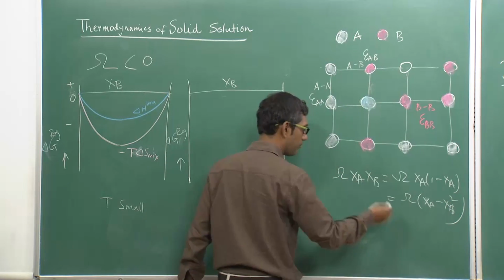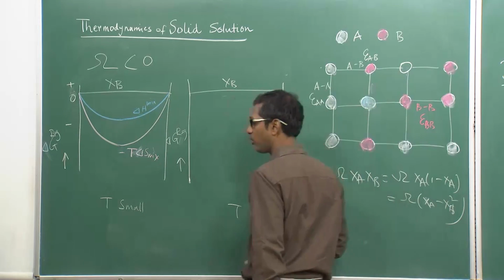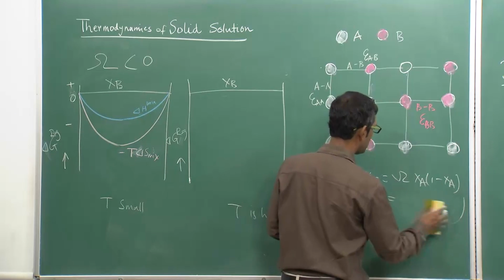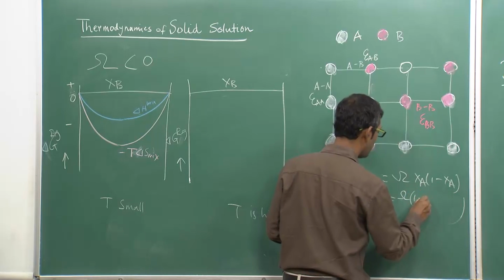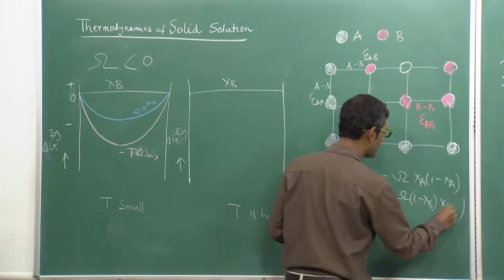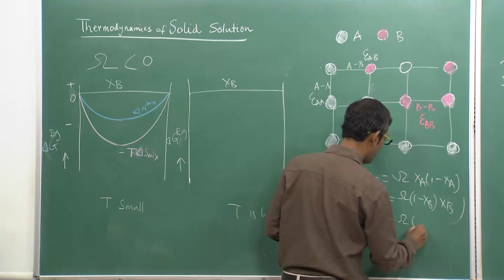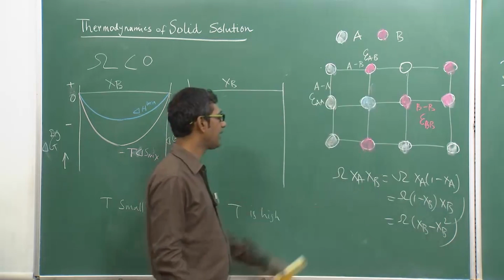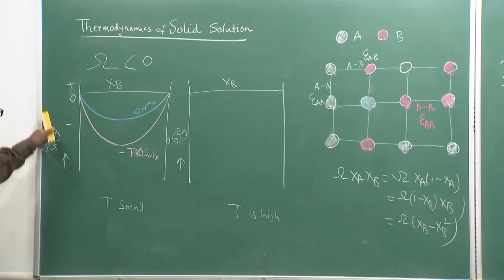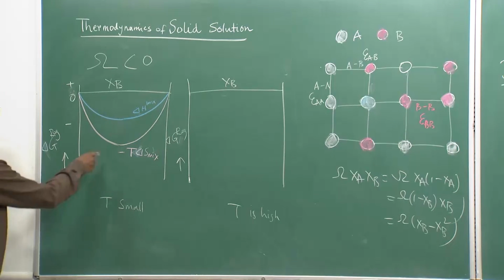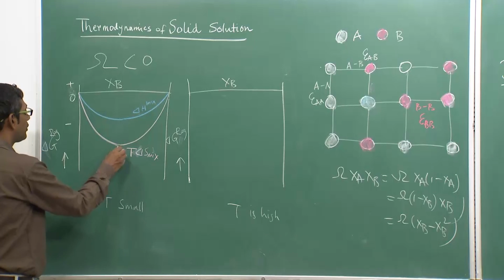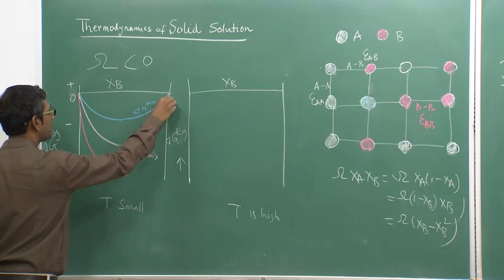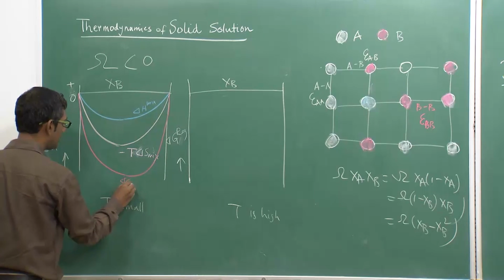Or let us do it the other way, because we are plotting xB, it will be similar: sigma times (1 minus xB) multiplied by xB, which equals sigma (xB minus xB square). Wherever you have a square term in the variable, that is the equation of a parabola. So delta G will also look like the same kind of plot. So this is delta G mix.